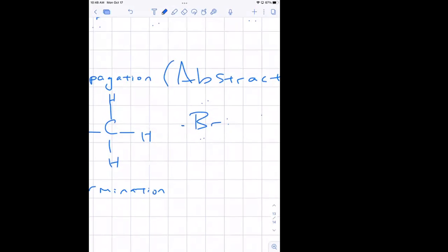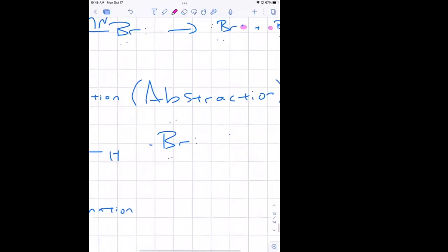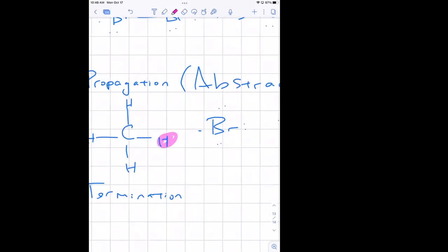Abstraction. Let's say I'm taking off this hydrogen. What does the abstraction step look like? It never changes, by the way. It's always the same 3 arrows. I'm going to break the CH bond homolytically, so each atom is going to get 1 electron.